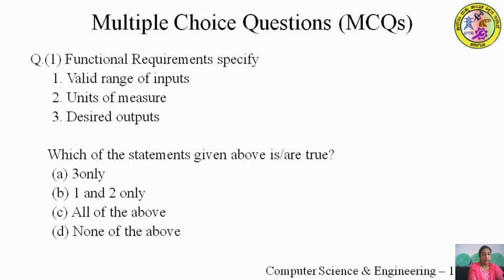Yes, the correct answer for this question is option C. That is all of the above. That means functional requirements specify valid range of inputs, units of measure, as well as desired outputs.